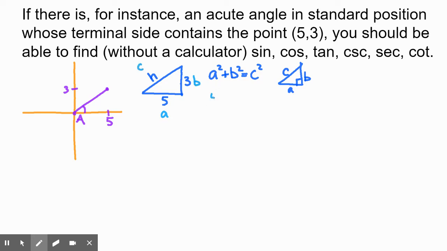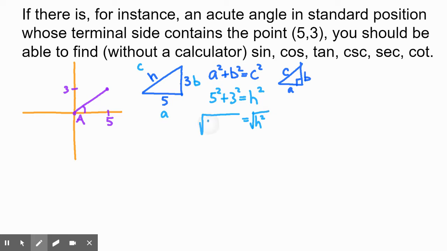So we're going to have 5 squared plus 3 squared equals h squared. Now we've got to take the square root of both sides. The square root of h squared is just going to be h.